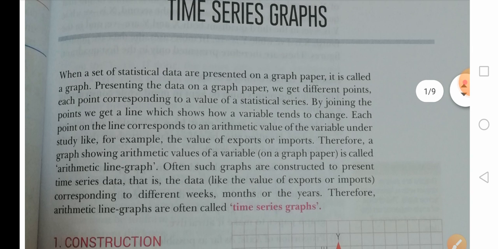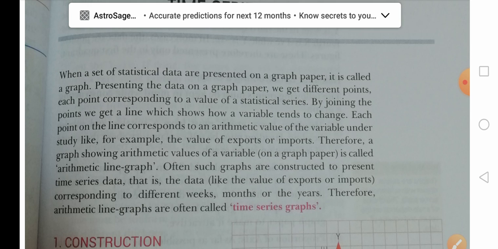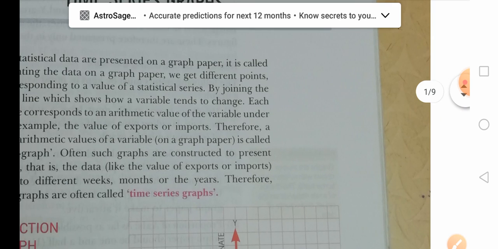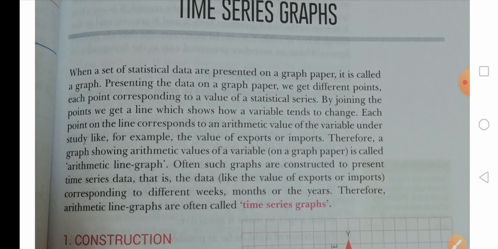By joining those points, we can have a proper line corresponding to an arithmetic value of the variables under study, for example the value of export or import. Therefore, a graph showing arithmetic values of a variable on a graph paper is called an arithmetic graph or arithmetic line graph.